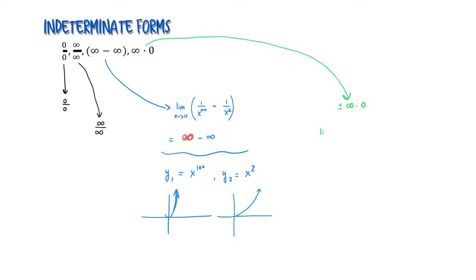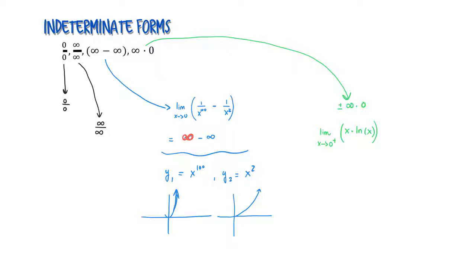So let's consider the limit as x approaches 0 from the right of x times ln x. Ln x is the natural logarithmic function. But as a shortcut, instead of saying the natural logarithm, you know that you can say ln x.